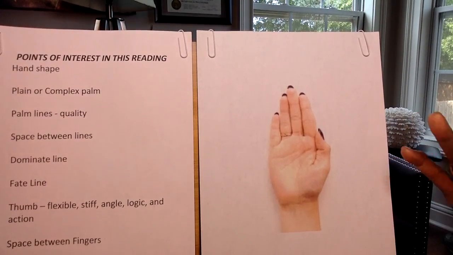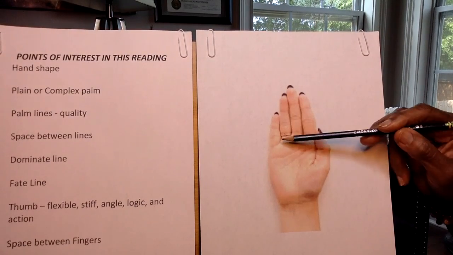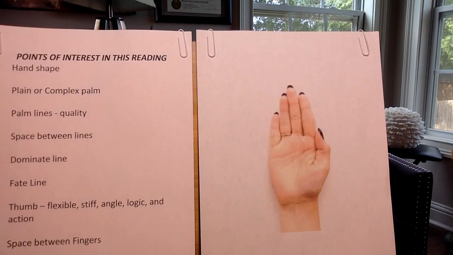But it's not the best position. Okay, space between the fingers. When the person holds a hand like that, they're usually a little timid and they're not too sure about reading. It's that kind of thing. There are many things that can be determined by the way the person holds the hand. I'll go over that in another lesson.